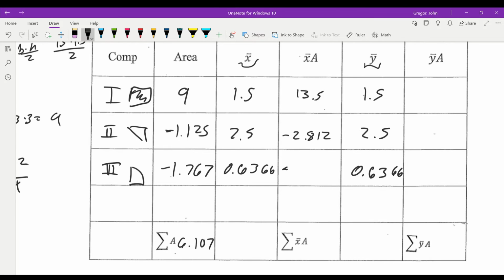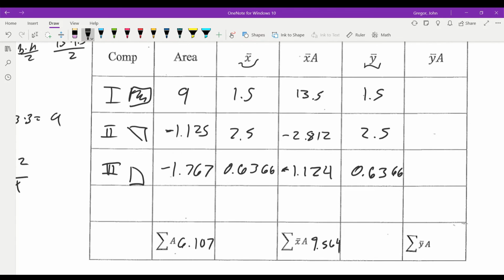And then another negative value, a little bit smaller, 0.6366 times 1.767, which is negative 1.124. So we do 13.5 minus 2.812 minus 1.124, which gives us a total value of 9.564.